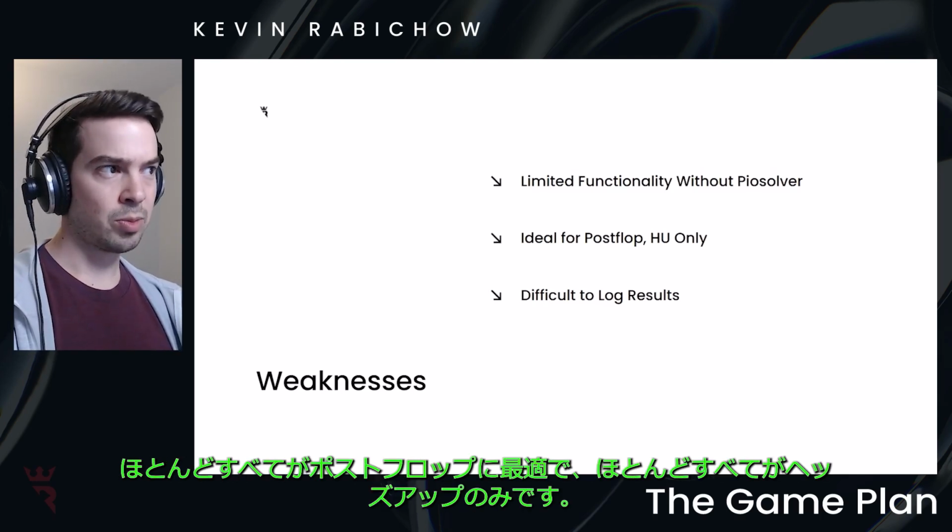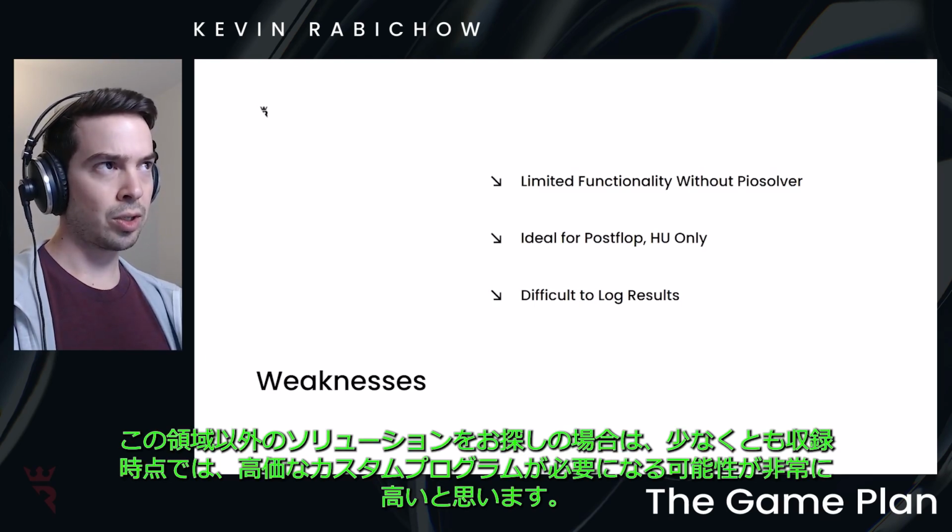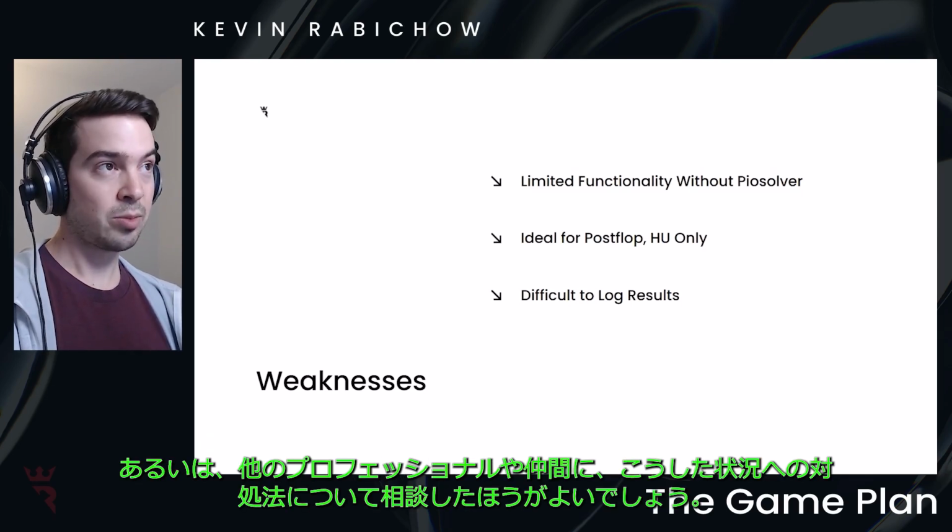Almost all of them are ideal for post flop. Almost all of them are heads up only. I think that if you are looking for a solution outside of that realm, you're very likely, at least at the time of recording, going to need a custom program, something really expensive, or you're more likely better off just talking with other professionals or with your peers about the way that they approach those situations.